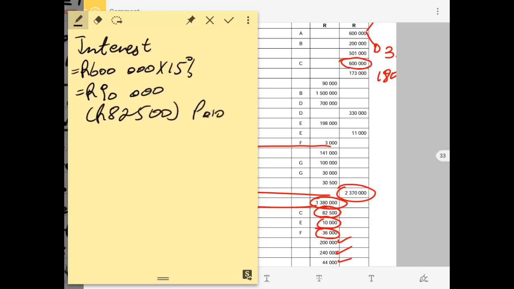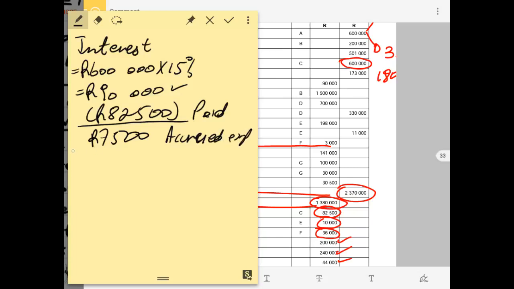We're supposed to have paid 90,000 rands, but we only paid 82,500 rands. That indicates that there is a portion which is accrued by the end of the year. 90,000 rands minus 82,500 is 7,500. That is accrued interest expense. Remember, accrued expense is a liability. So a liability of 7,500 arose by the end of the year.